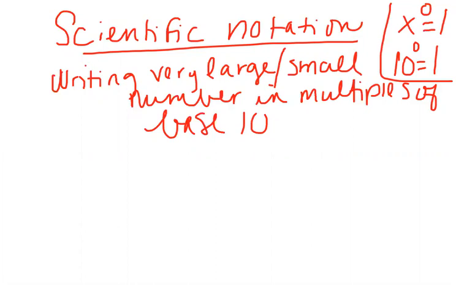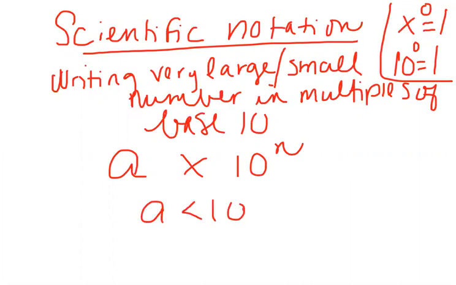Okay, so we're basically taking numbers and rewriting them in multiples of base 10, guys. Now, when we write scientific notation, it's in the form of a times 10 to the nth power. The a value must be a number less than 10, but greater than or equal to 1, meaning it can be 1 non-zero digit in front of the decimal, guys.